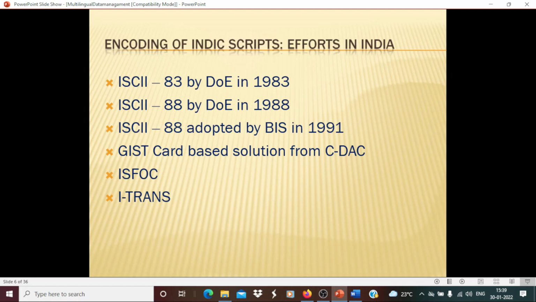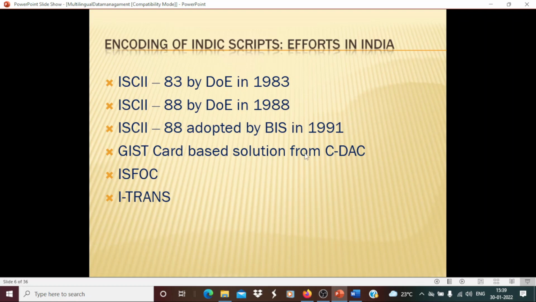They developed ISCII, Indian Standard Code for Information Interchange. It's nothing but extended ASCII. But that extended ASCII of 88 became an Indian national standard in 1991, when BIS, Bureau of Indian Standards, adopted ISCII 88 as our national standard for text encoding scheme in 1991.